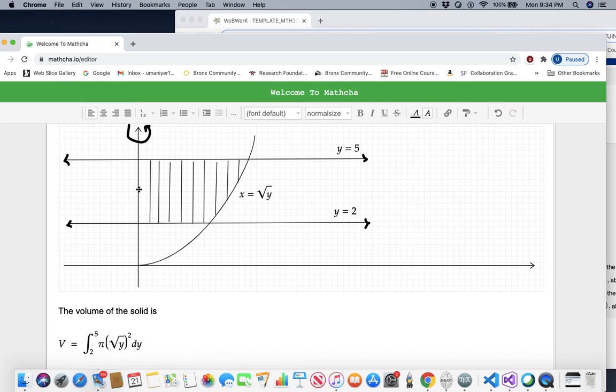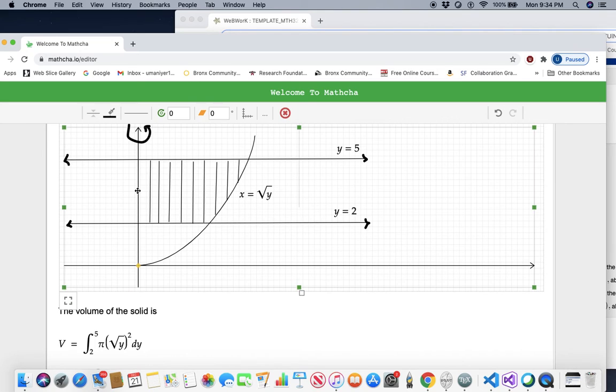What's the radius of each cross-sectional circle? For that particular y value, the radius will be the horizontal distance, that is x. X is square root y, so pi square root y squared is the area of the circle with radius square root y.